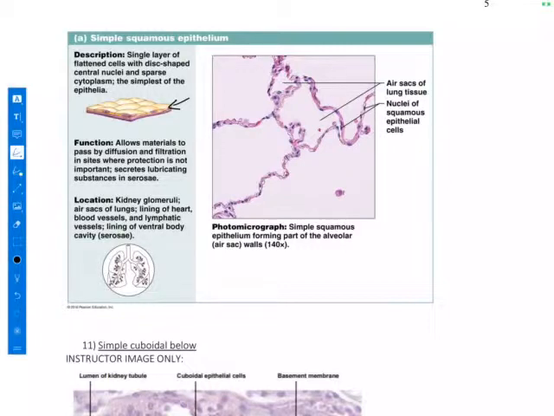We have simple squamous endothelium and simple squamous serosa. Right now, in this image, we're looking at the simple squamous of the air sacs of the lungs, called the alveoli. So this would be where the air is, here, and this is the simple squamous epithelium. The little purple dots are nuclei.